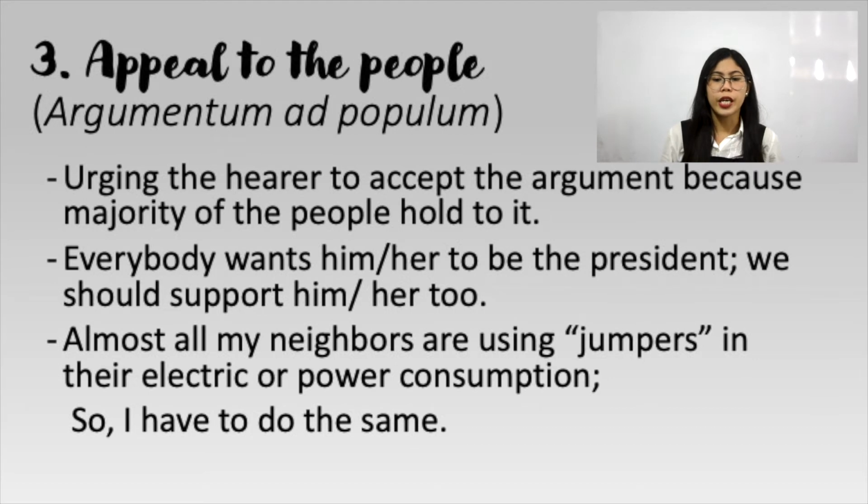Example: everybody wants him or her to be the president, so we should support him or her too. Another example: almost all my neighbors are using jumpers in their electric power consumption, so I have to do the same. So those are examples of appeal to the people.